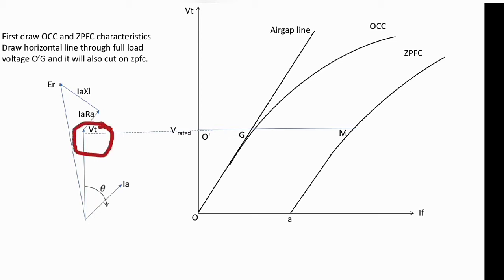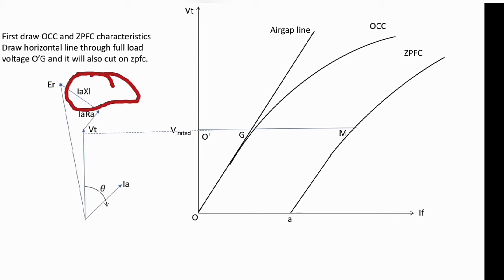Generally we neglect IARA because the armature resistance contributes only about 0.1 per unit, so we neglect IARA. Here we include it just for the full diagram, but in calculation we neglect IARA. This is the IAXL, that is the leakage reactance drop.